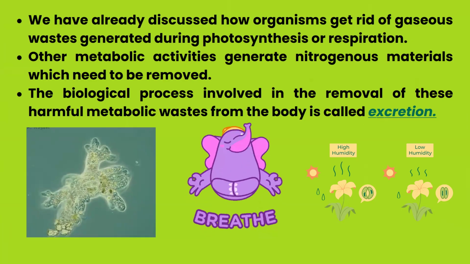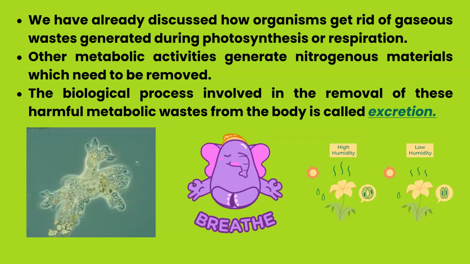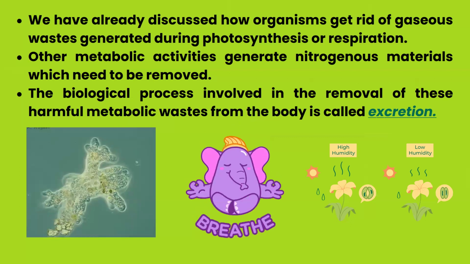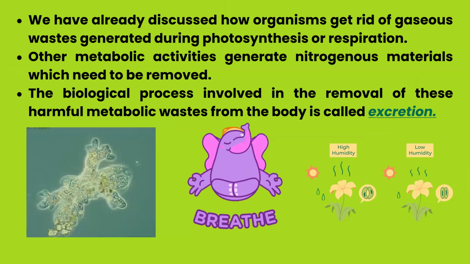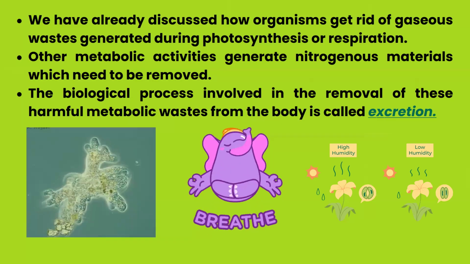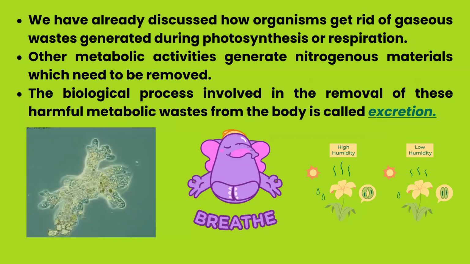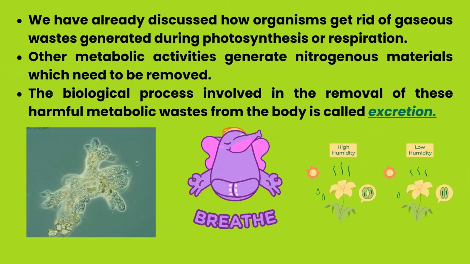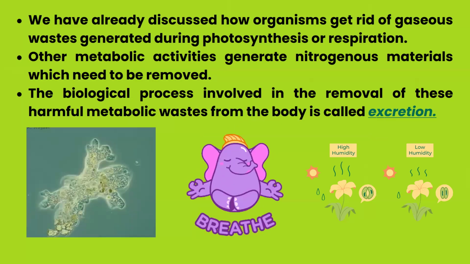Just imagine the picture on the left side, an amoeba which is moving. Since it is a unicellular organism, we cannot see a complex body in it. We cannot see a digestive system, respiratory system, transportation system and so on. In a simple unicellular organism, removal of waste material in the form of gas and nitrogenous waste is done by simple diffusion.